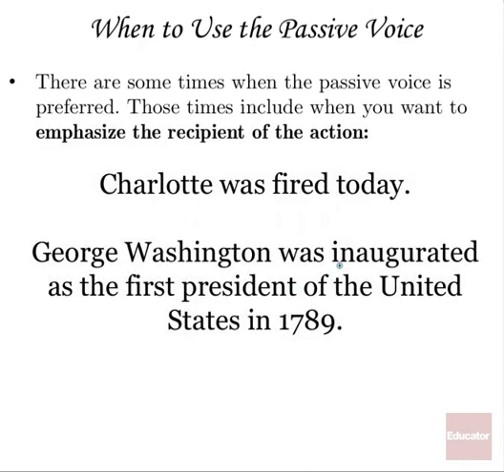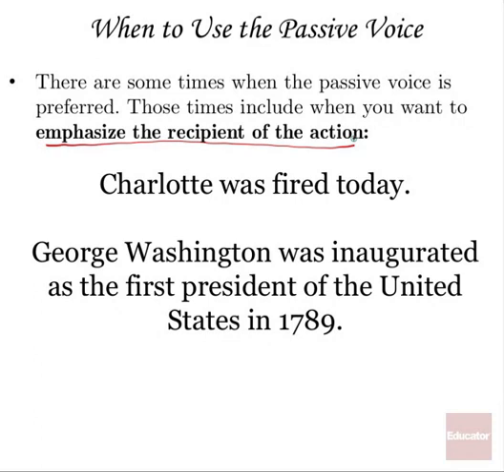Okay? You can also use it when you want to emphasize the recipient of the action. Let's face it, sometimes the recipient of the action is more important than the performer of the action. Charlotte was fired today. Well, it's not really important to say the boss fired Charlotte. That would presumably have to be who did the firing. But this sentence is about Charlotte. If you're sharing the news with your friend, oh my gosh, Charlotte was fired.